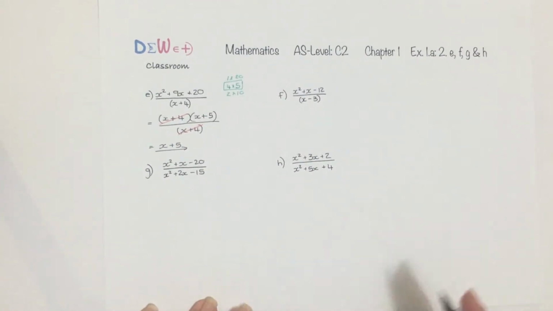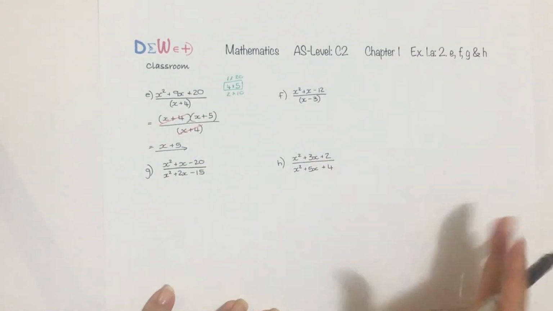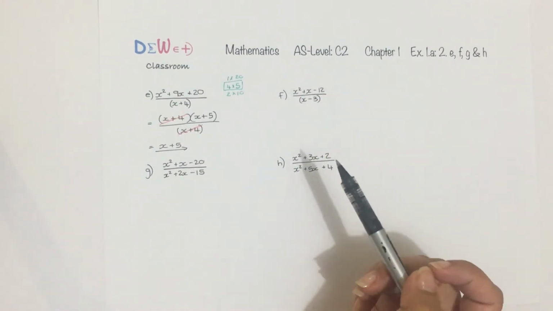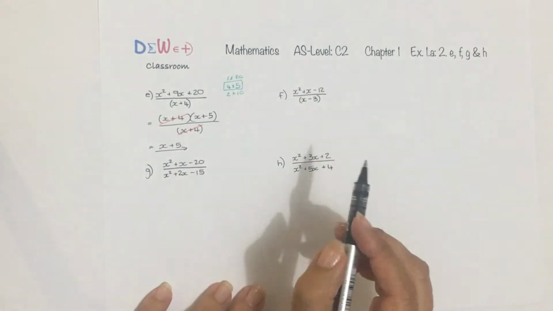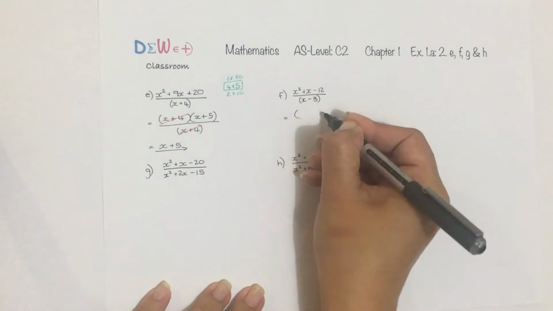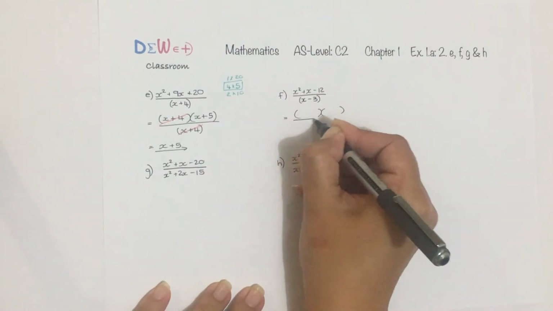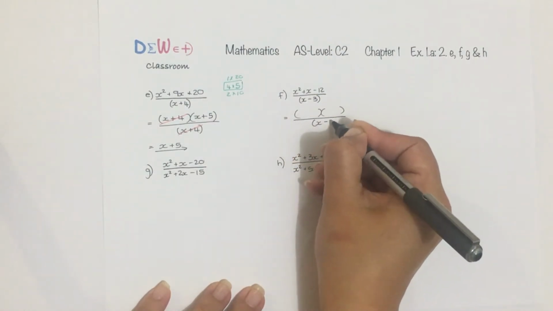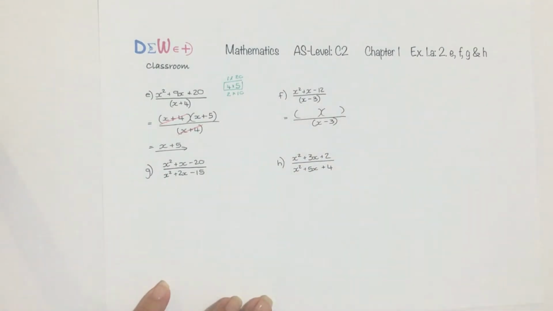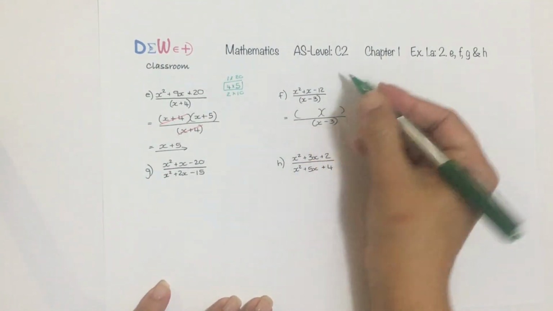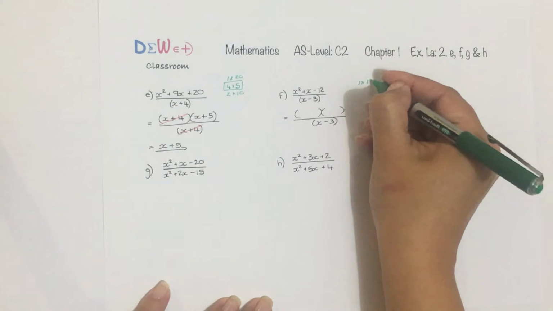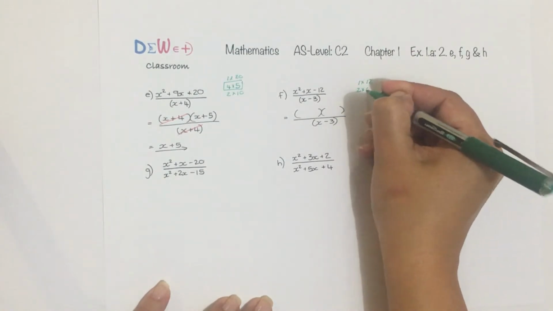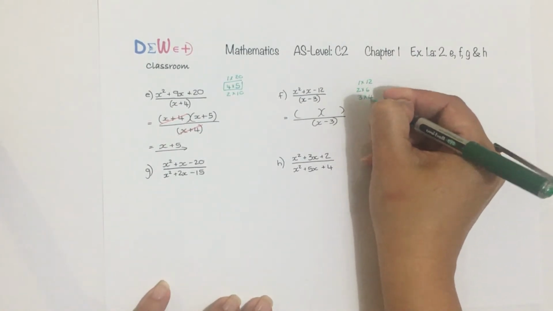Moving on to number F. Again, we've got three terms at the top, and we know we're going to have to factorize them into two brackets. So we're going to have two brackets at the top, all divided by the one bracket x minus 3 at the bottom. We're starting off by writing down all the factors of 12, which is 1 times 12, 2 times 6, 3 times 4.